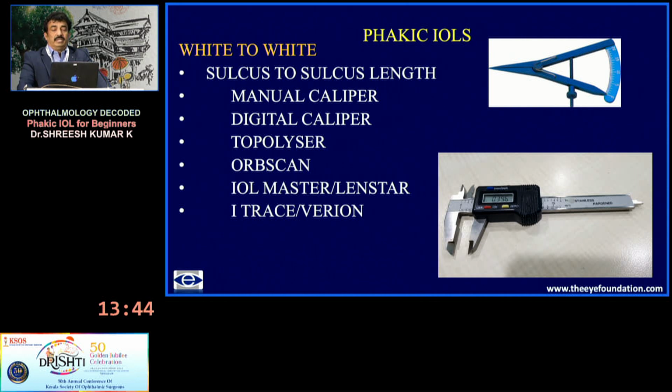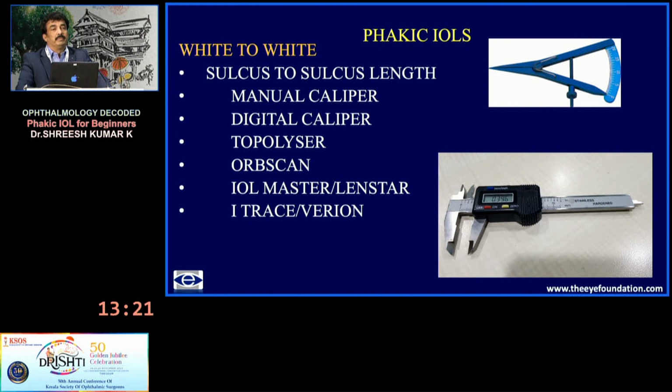Proper calculation and sizing is very important, because sizing will determine the fit and overall success of these phakic lenses. Selecting an appropriate lens size is based on the measurement of the patient's white to white distance, which is just an indirect measurement of sulcus to sulcus.